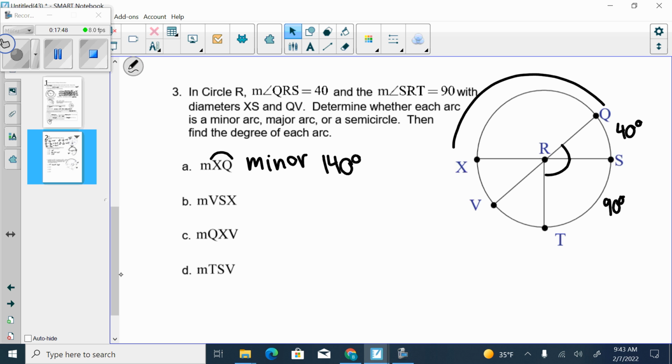All right, then they want the measure of arc BSX. Is it major, minor, or semicircle? Major, right? We can tell just by the way they named it. Okay. So, BSX.